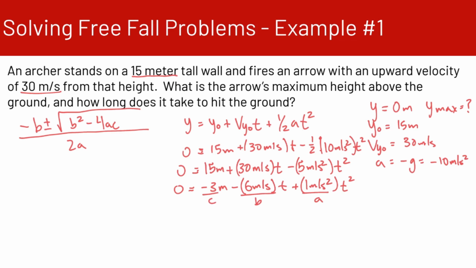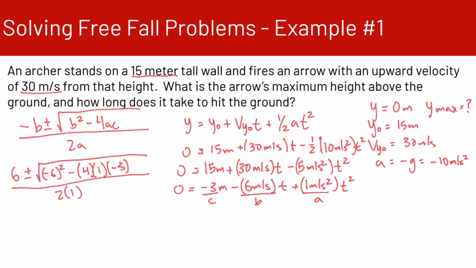Okay, so we have negative b, so that is 6 plus or minus the square root of b squared, which is -6 squared, minus 4 times a, which is 1, times c, which is -3, all divided by 2 times 1.